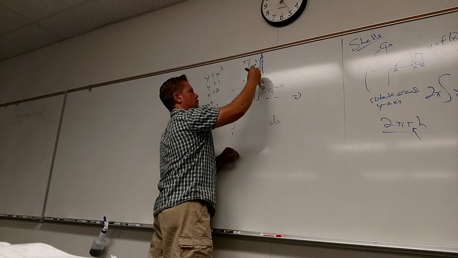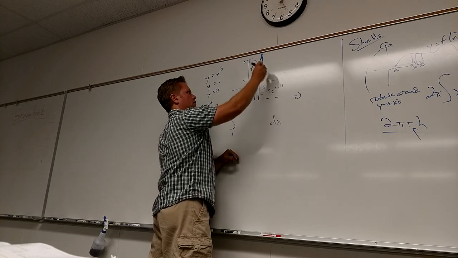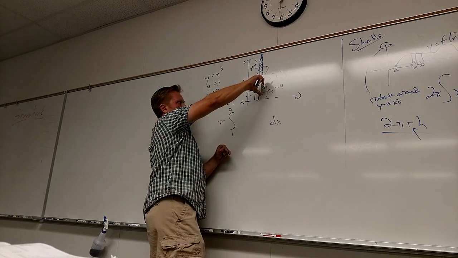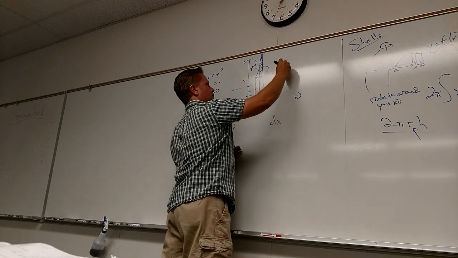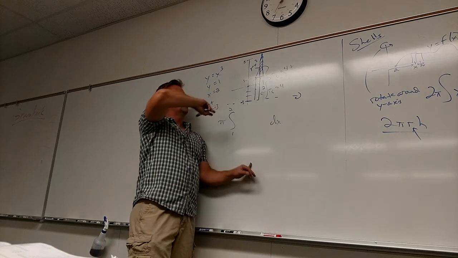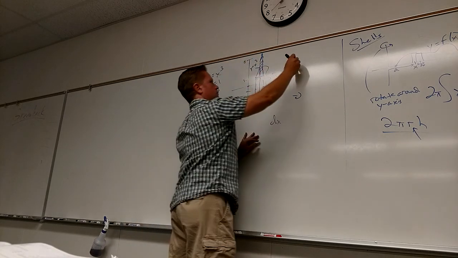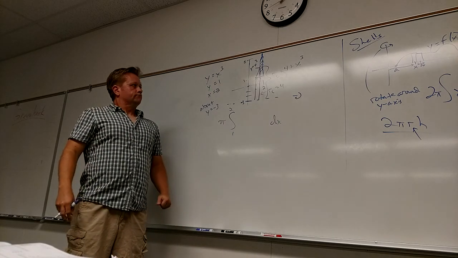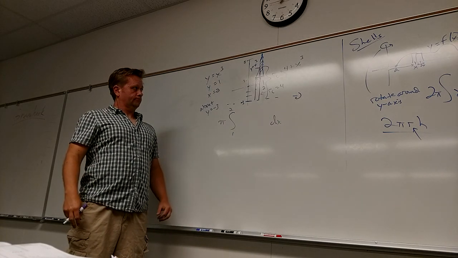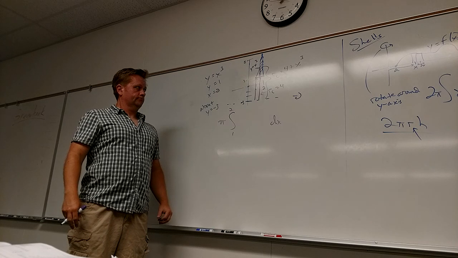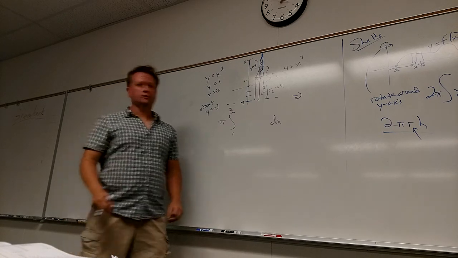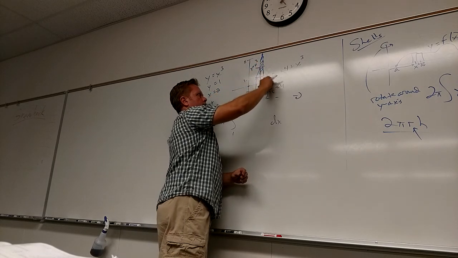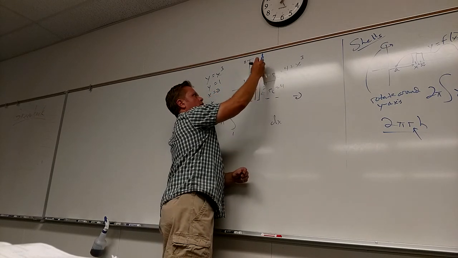What's the outer radius going to be? Yeah, 4 plus x cubed. Well, you gotta be a little careful. Where's x cubed? Where's that height? What's x cubed?